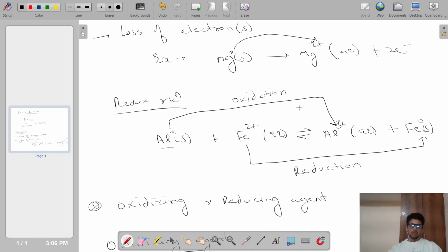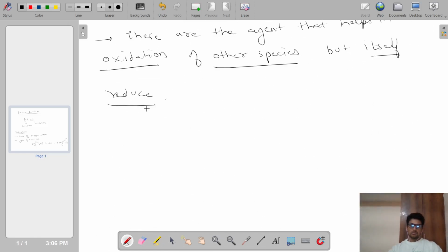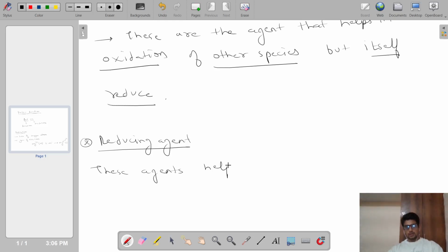Similarly, reducing agents help in the reduction of other species but themselves get oxidized.